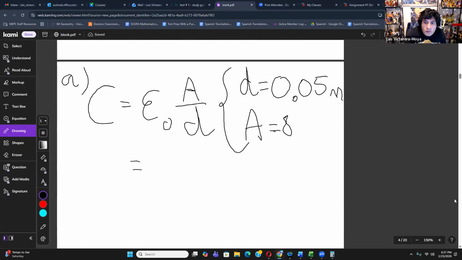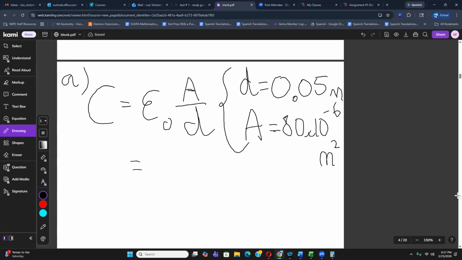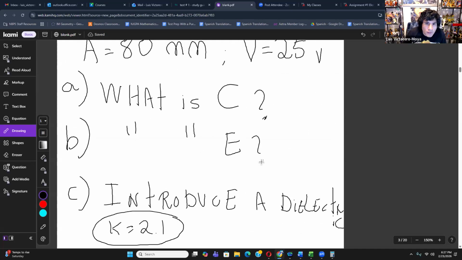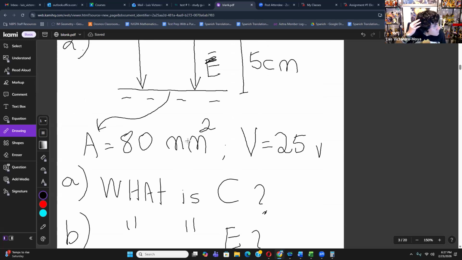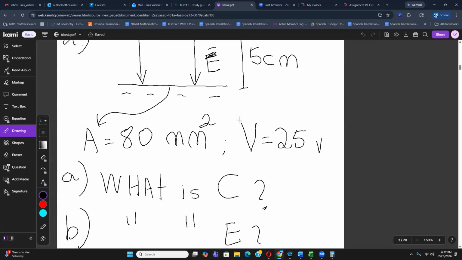Is that clear for everybody? Why 10 to the negative 6? You divide by 1,000 twice. There's 1,000 millimeters in 1 meter, and because it's a square, you divide by 1,000 twice. Okay. Now it's clear.